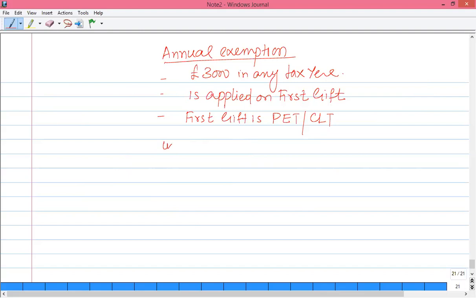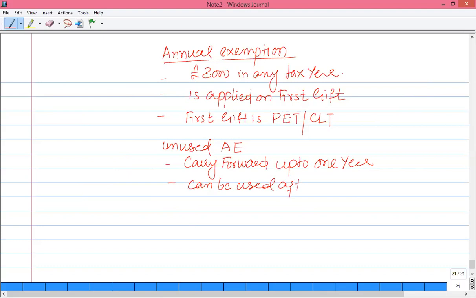If there is any unused annual exemption, it can be carried forward up to 1 year, but can be used after current year annual exemption.